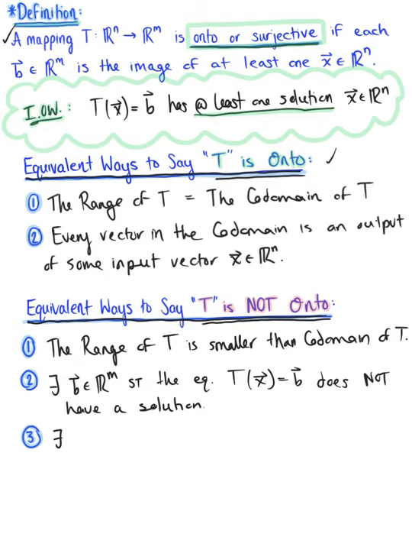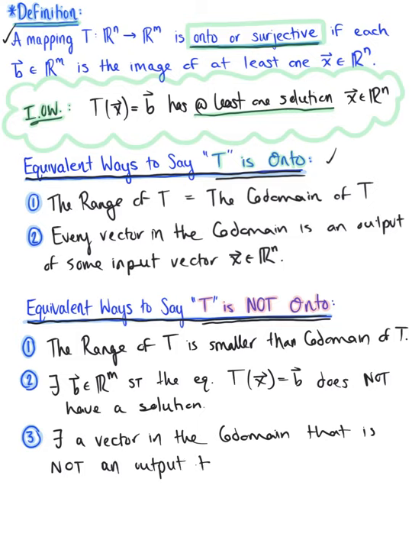So if there exists a vector in the codomain that is not an output of any input vector, then this implies that the range is smaller than the codomain, and thus your transformation is not onto.